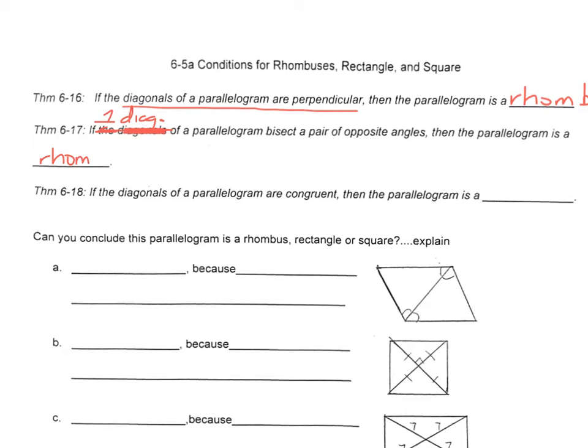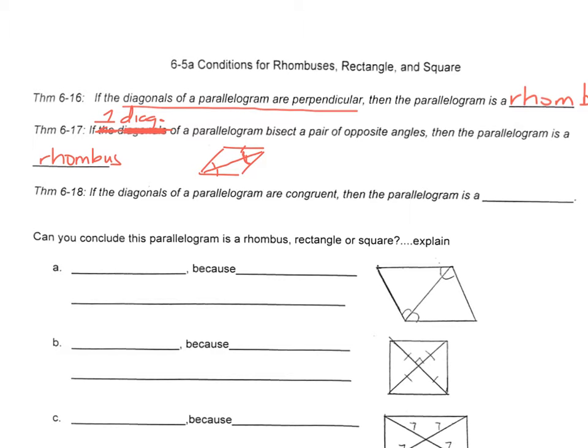So yesterday we said it will bisect both, but to know that something is a rhombus, you only technically need to know that one of them bisects. If one of them does, the other one will also, okay? So if we know this, we know it's a rhombus. You don't have to know both of them are bisecting. You just have to know that one.